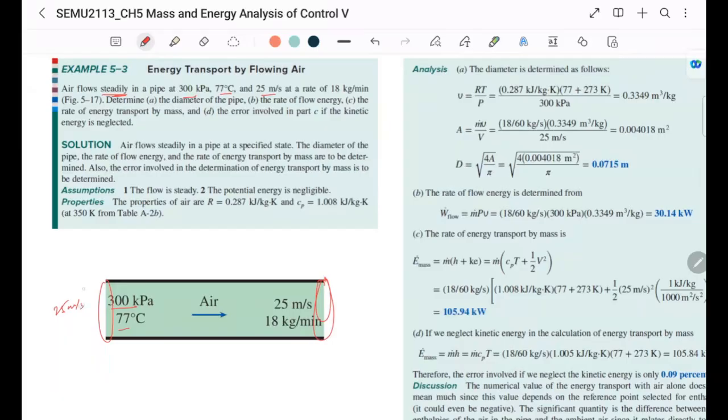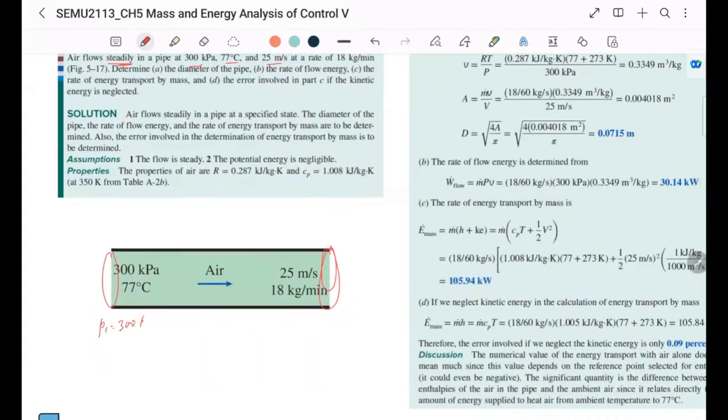Maybe I should just write it properly. P1, 300 kilopascal, T1, 77 degrees Celsius, V1, 25 meter per second. And the flow rate M1 is 18 kilogram per minute.